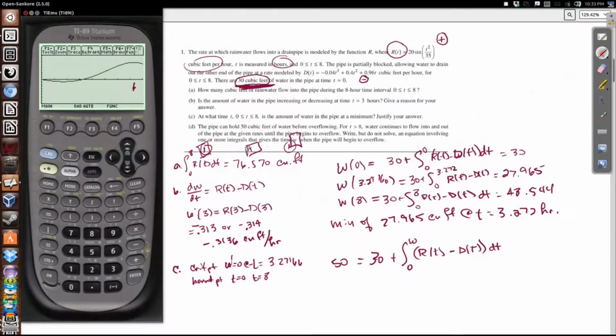2 points for part A. Down here, you're going to need some type of representation for the amount of water with respect to time, and you're going to need to have your answer for what happens at time t equals 3. You're going to have to identify some points, like the t equals 0, the t equals 8, the t equals 3.271, and you're going to be looking at a point to justify which one of these is your smallest.